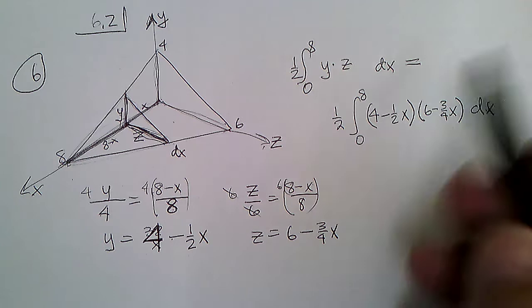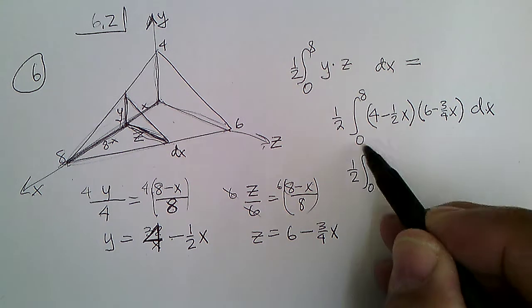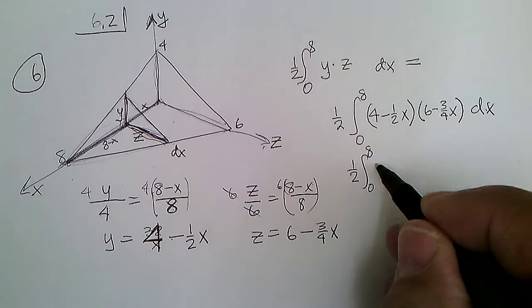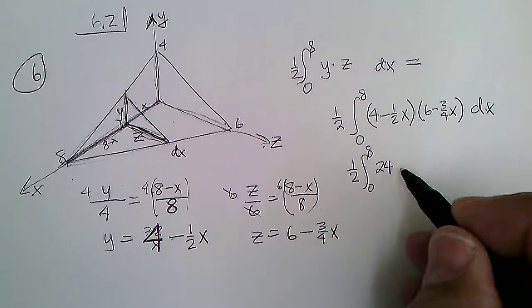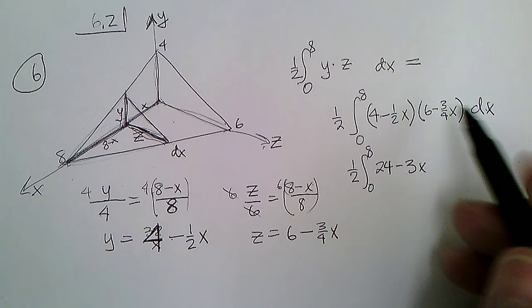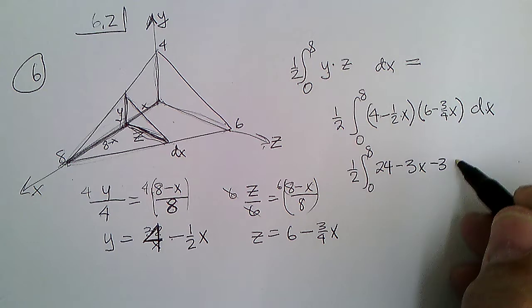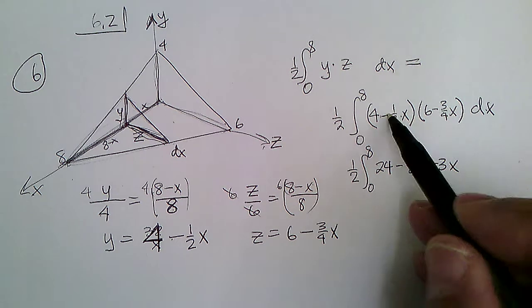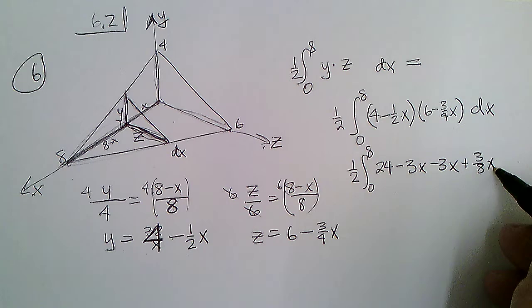Now if I multiply this out, I would get 1/2 integral from 0 to 8. 4 times 6 is 24. 4 times negative 3/4 is negative 3x. Negative 1/2 times 6 is negative 3x. And this would be positive 3/8 x squared.